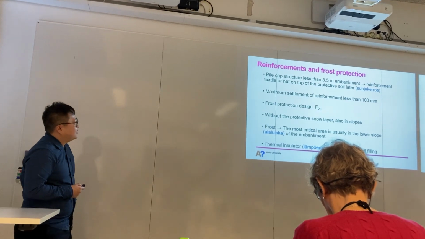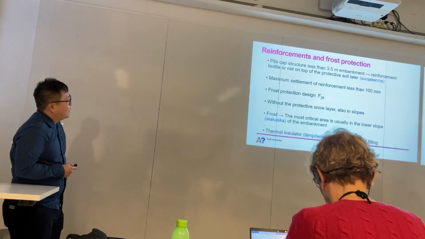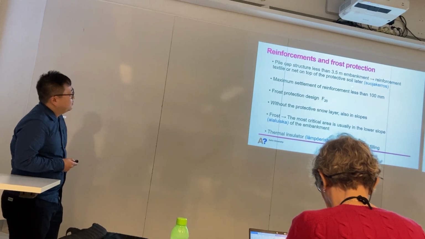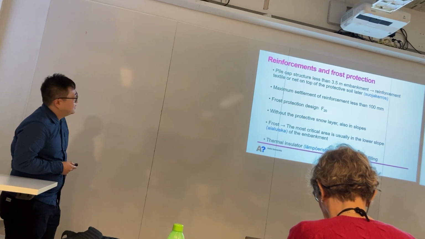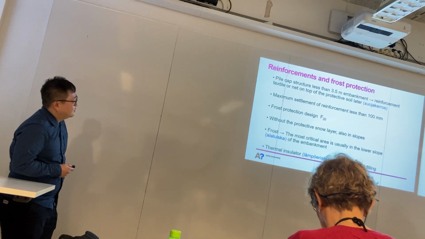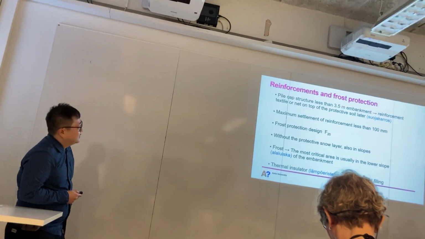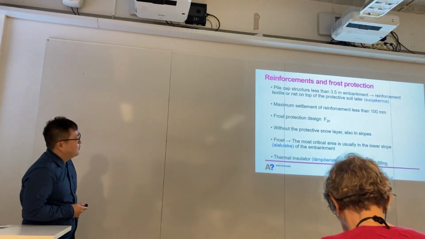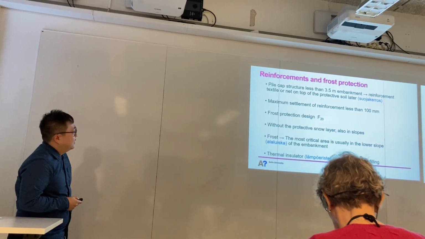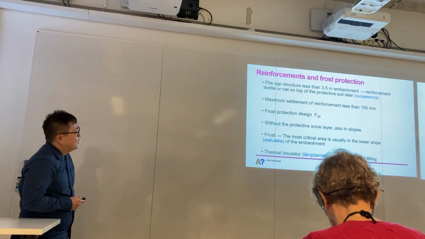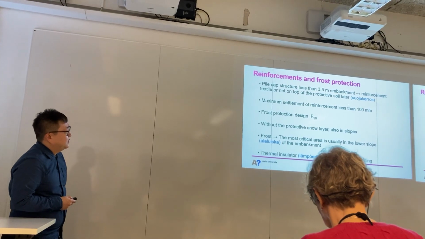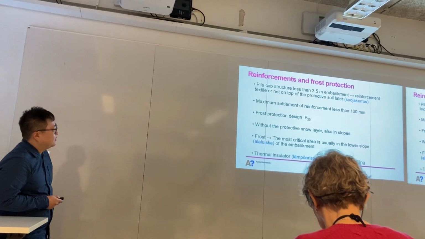The pile cap structures can use reinforcement textile or net on top of the protective soil layer when the embankment is less than 3.5 meters. The maximum settlement of the reinforcement should be less than 100 millimeters.